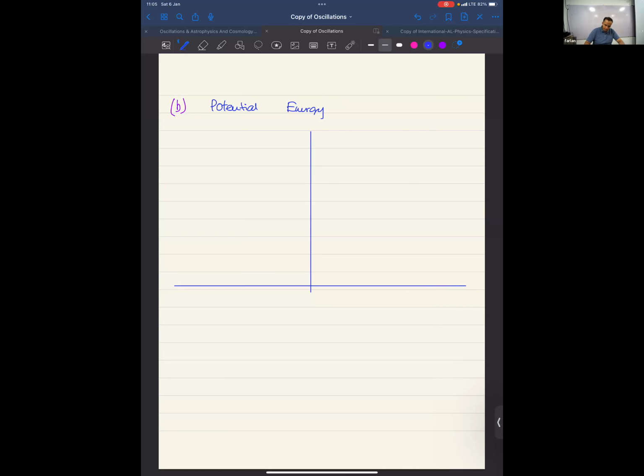It will be zero at the equilibrium point and maximum at the amplitude. So it will be a graph like this.